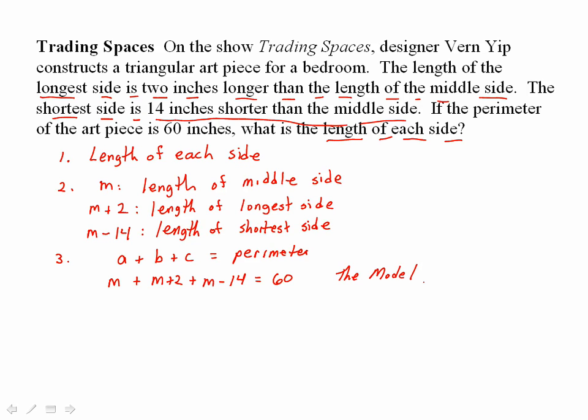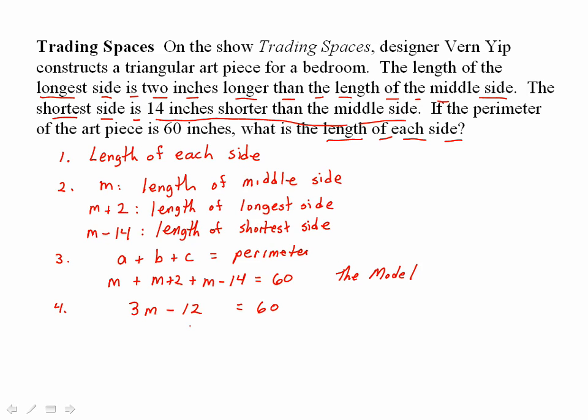Now we go ahead and solve this particular equation, which is step 4. We can combine like terms on the left-hand side of the equation. M plus M plus M is 3M, and then 2 minus 14 is negative 12. So 3M minus 12 equals 60.